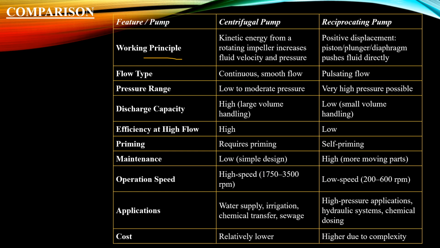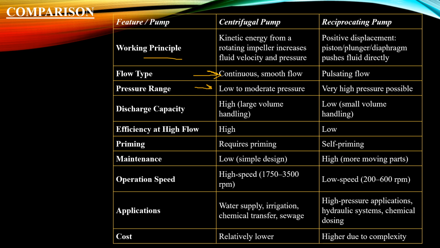Whereas the reciprocating pump is a positive displacement pump, it uses piston, plunger or diaphragm which pushes the fluid directly. In centrifugal pump we have continuous and smooth flow, whereas in reciprocating pump we have pulsating flow, right? Pressure range for centrifugal pump is low to moderate pressure, whereas reciprocating pumps give very high pressure.